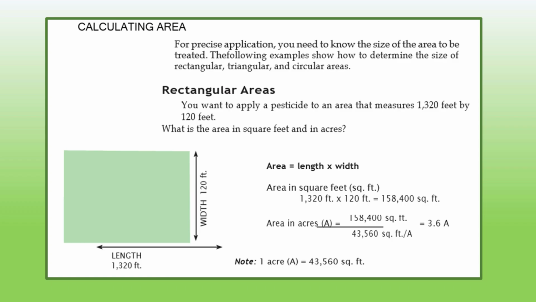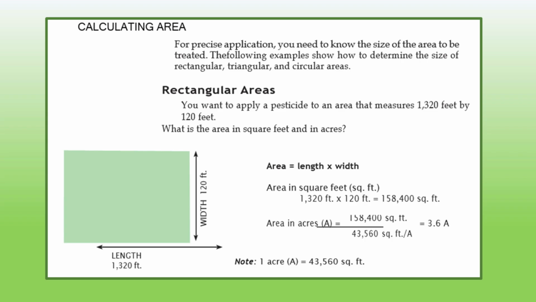First, when we're looking at rectangular areas, you want to apply a pesticide to an area that measures 1,320 feet by 120 feet. What is the area in square feet and in acres? Now, before we even set up this math problem, you need to understand that 1 acre is equal to 43,560 square feet. That's a good number for you to remember.